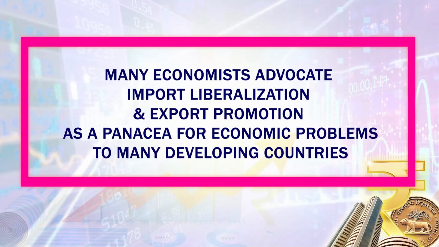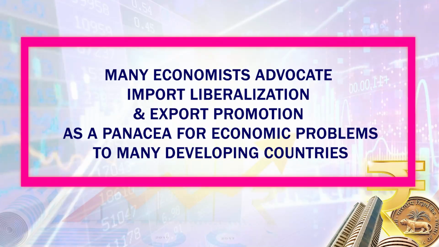And observing their success, many international institutions as well as many economists suggested that developing countries facing economic problems opt for export promotion measures to get rid of their economic problems. And of course, India was not an exceptional situation.